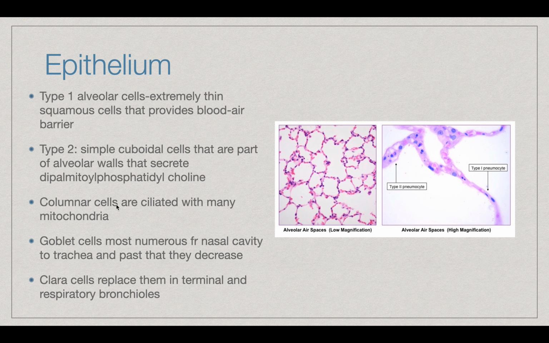The columnar cells are going to be ciliated, and the goblet cells are going to be more numerous in the nasal cavity and decrease as you go down to the trachea. The Clara cells are going to replace them in the terminal and respiratory bronchioles. So here are the type 1, they're a little flatter. Type 2, they're larger. And look, there's just one cell thick. These are the alveoli.